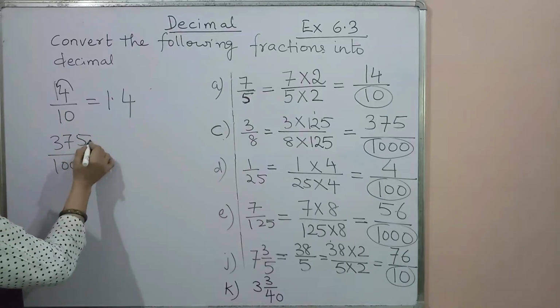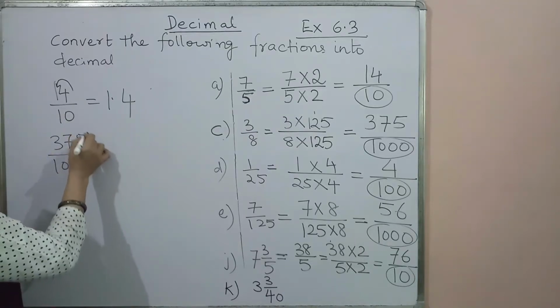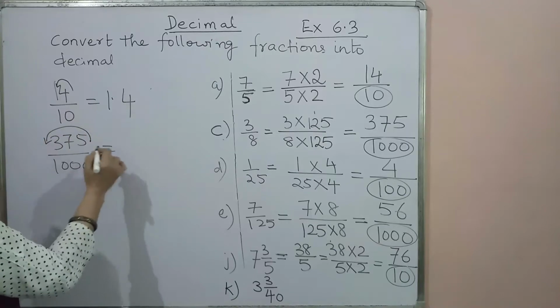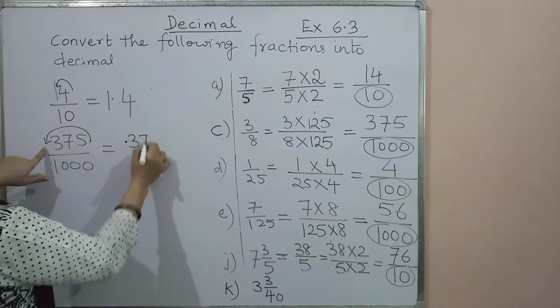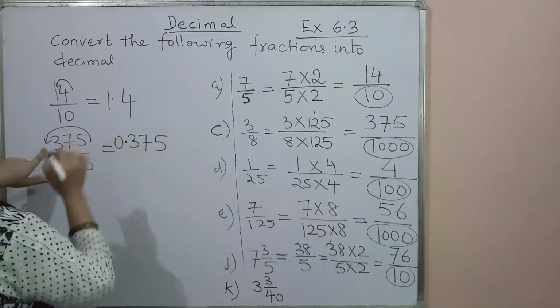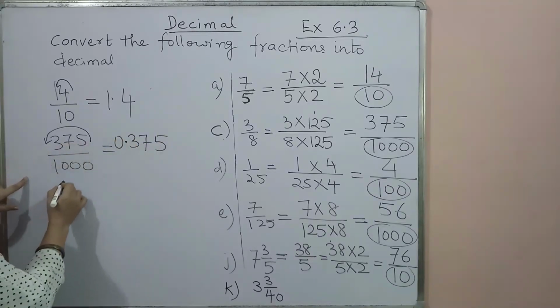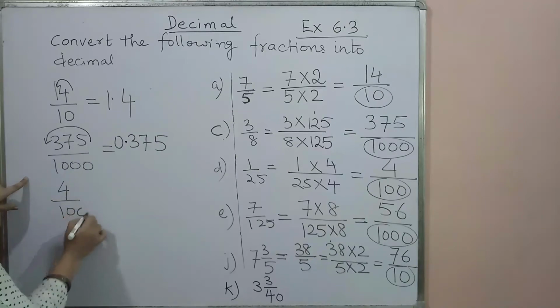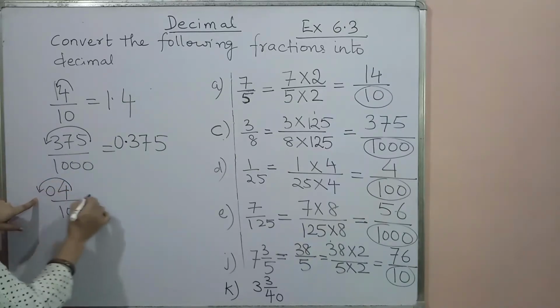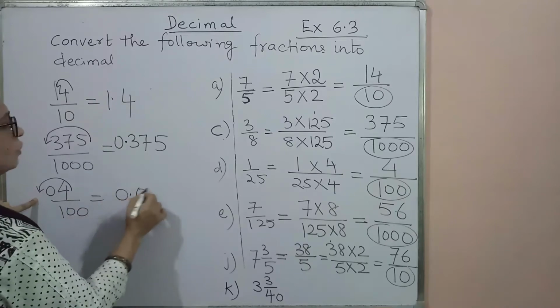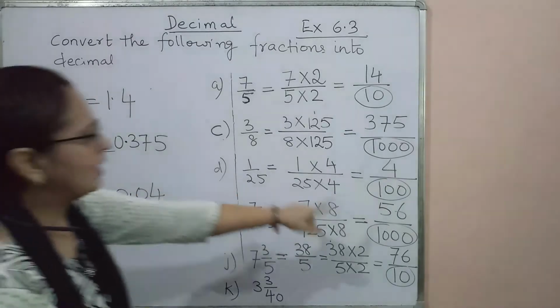The denominator, no decimal means decimal is here. It will be shifted by 3 digits. So from here the decimal moves and it becomes 0.375. But we must add a 0 before that. We have 4 upon 100. The decimal is here, which will be shifted by 2 digits. The answer is 0.04.